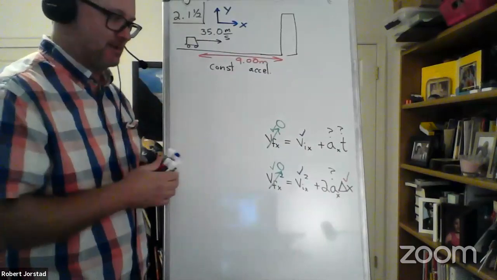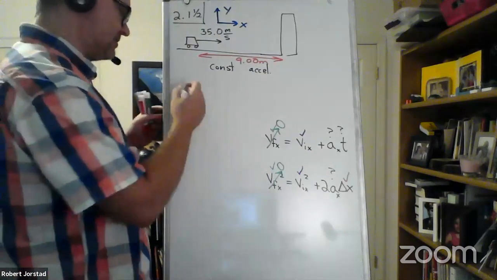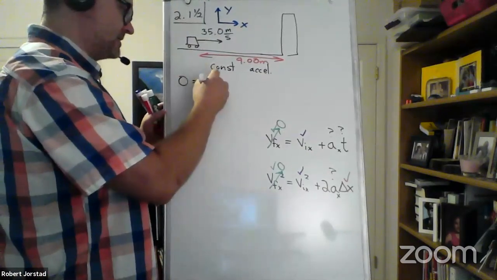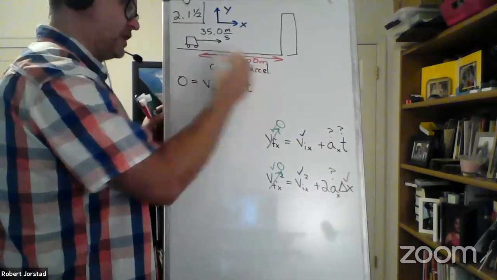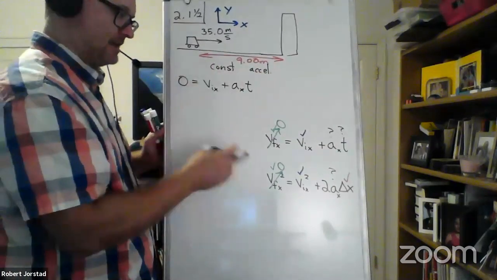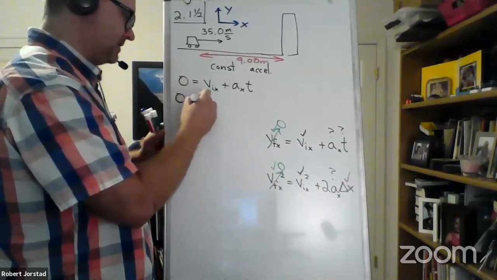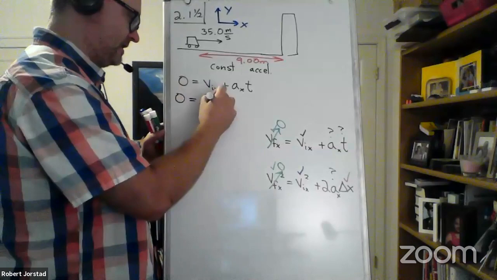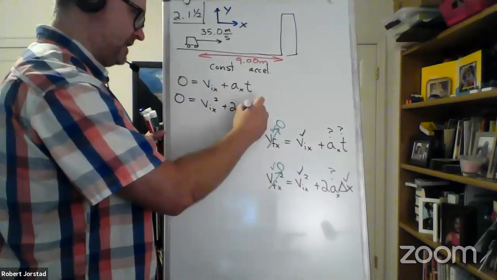Then do the algebra. Rewriting this up here, this one says 0 equals V initial X plus A sub X T. We're not going to plug in the numbers till the end. This one, I get 0 equals V initial X squared plus 2 A sub X delta X.